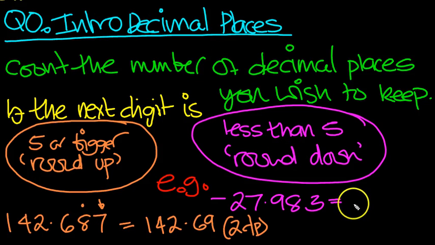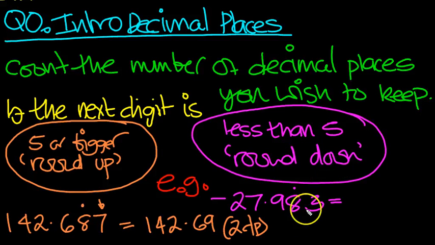So if we look at the same thing as far as rounding down is concerned, with this example here, let's round this number to 2 decimal places, minus 27.983. So we're rounding to the second decimal place, which is here. The digit after is a 3, which is less than 5. So in that case, we round down.